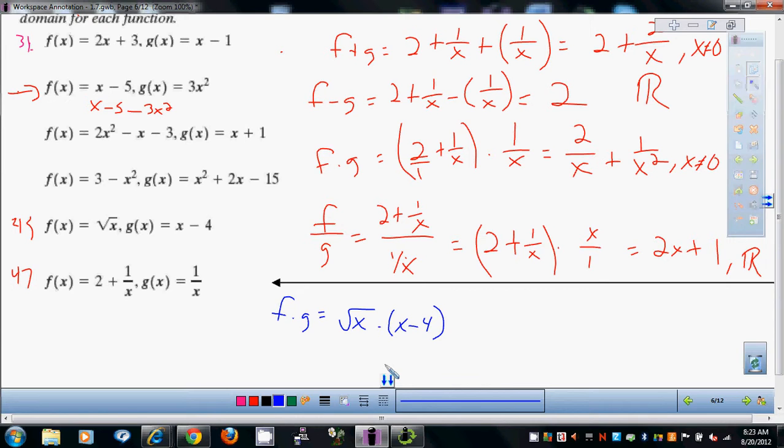Who thinks they can tell me what I need to do here? You could get all fancy with your algebra and do some stuff here, but essentially you're going to have x times x, it's going to be this. When you just distribute, which you could then just factor right back to here.